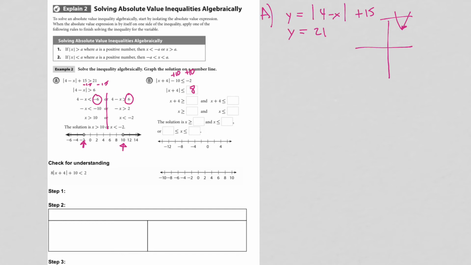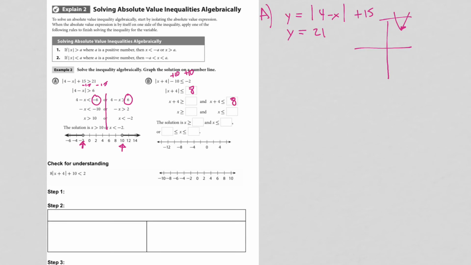So now I'm going to set up basically a positive and a negative version. Here's my one version. You'll notice though the sign on the second version, when they make this a -8, that's part of the rule. You gotta flip the sign around. And then you solve it like you solve every other algebra problem after you flip the signs and set up your two versions.